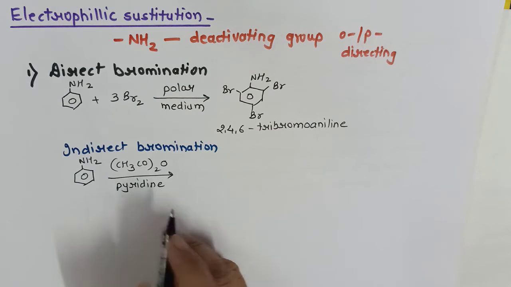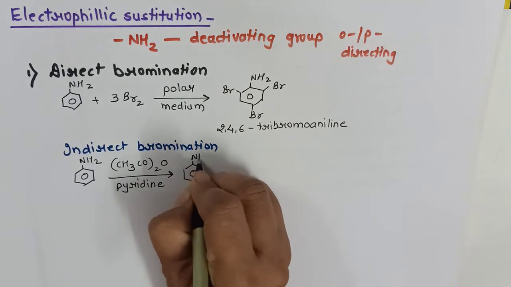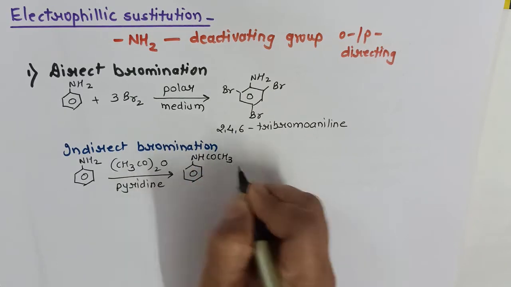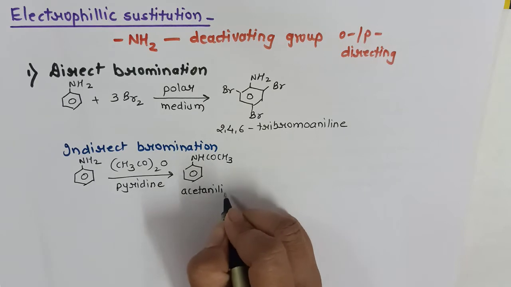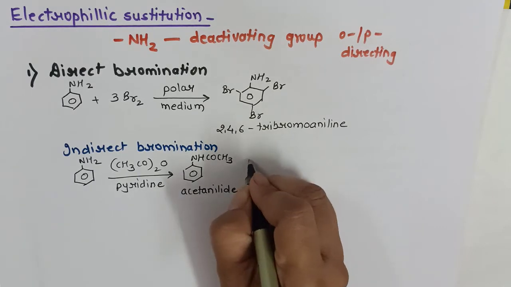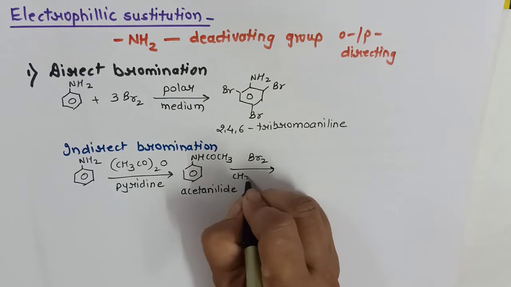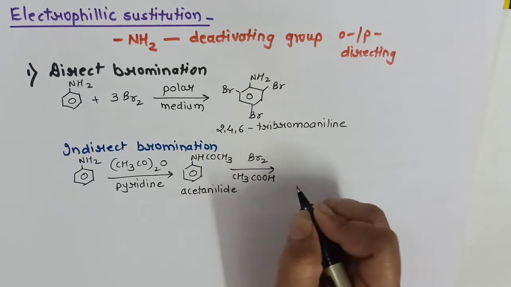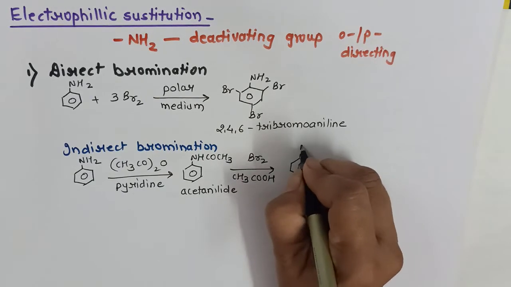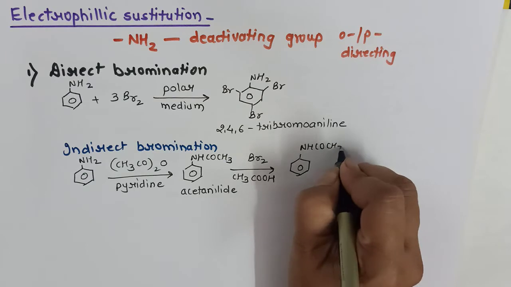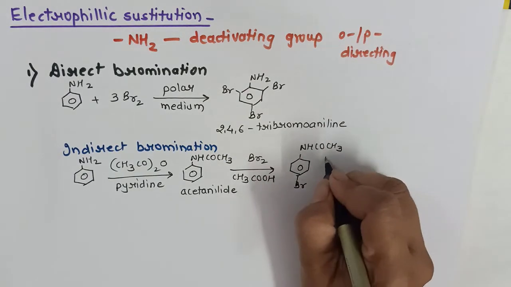So when this reaction is carried out, we get acetanilide, NHCOCH3. So now we have masked NH2 group, and now we will carry out reaction of acetanilide with bromine in acetic acid. We will get monosubstituted product, and obviously need not to say that para product will be a major product.